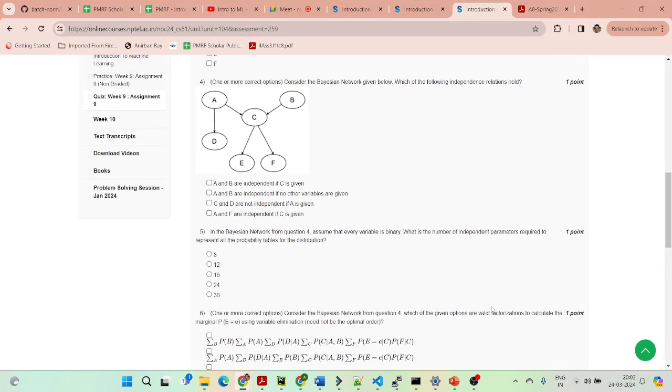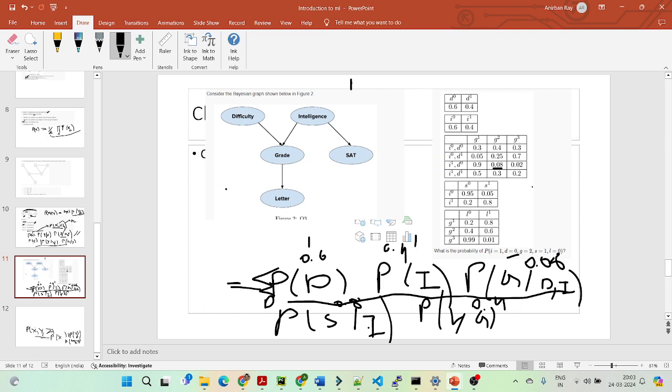Independent parameters. Represent all the probability tables. So somehow what it means is that the probability table is given, and how many independent parameters do you need.